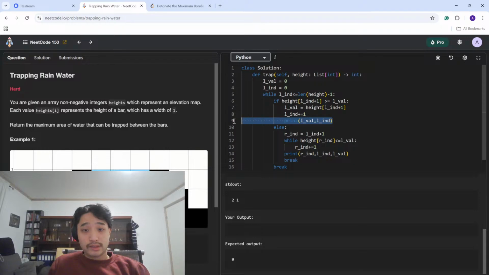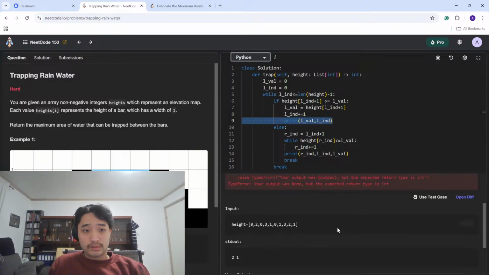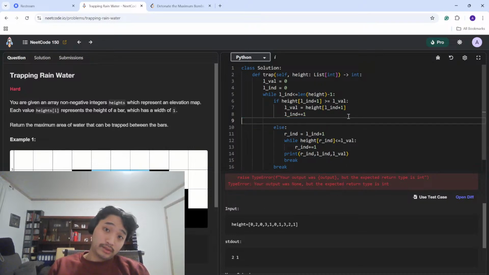Yes, it does. Its first value and the index. Yeah, and that's correct.